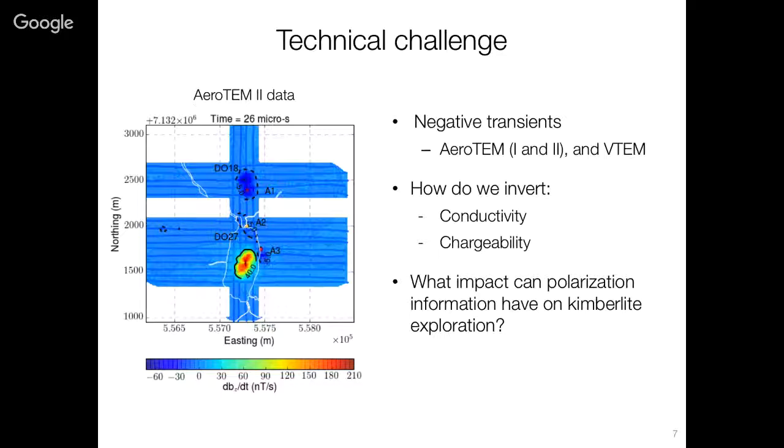No matter what kind of electrical conductivity structure you have, you cannot get a negative transient. So VTEM was flown, that produced the same kind of thing. So this is the result. So these blues are negative, and the reds are positive, and clearly there's induced polarization that's coming from it.